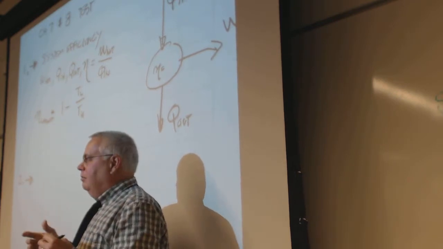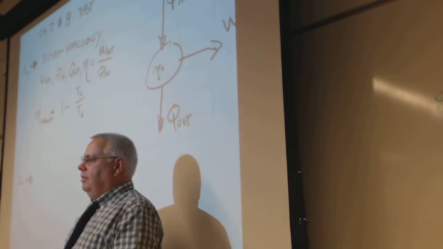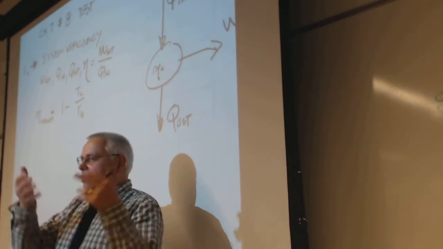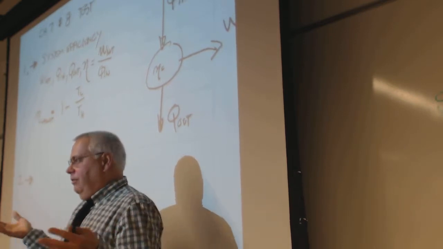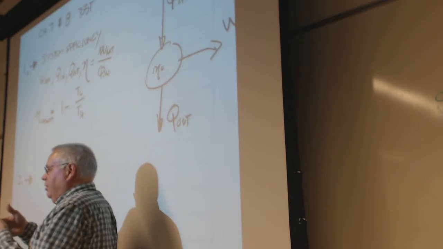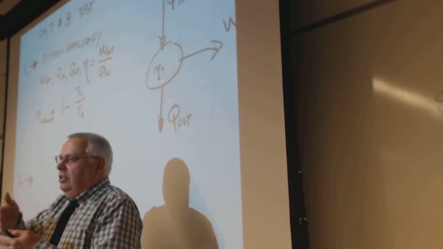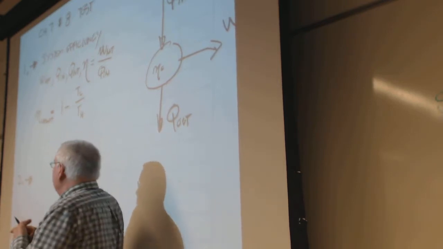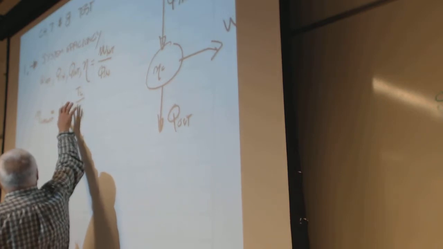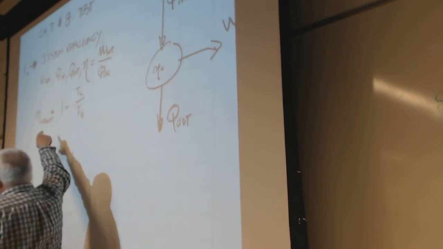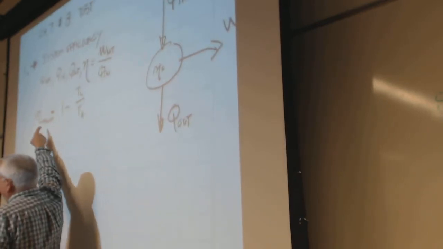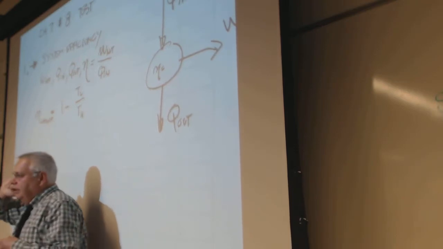And any reversible engine will be as efficient as any other reversible engine because they're all 100% efficient. But there's thermodynamical limits to how much energy they can convert. So this is essentially the best efficiency we can hope to have.